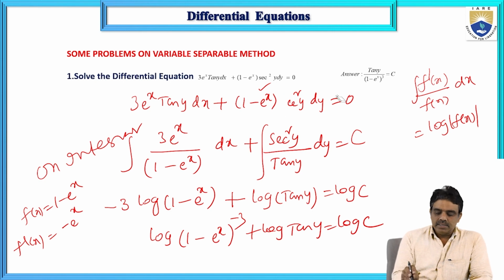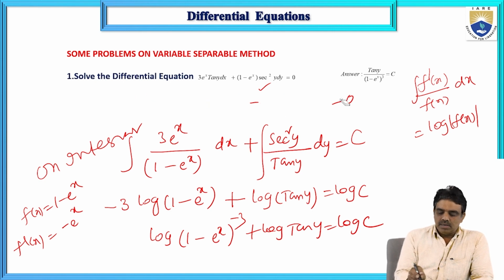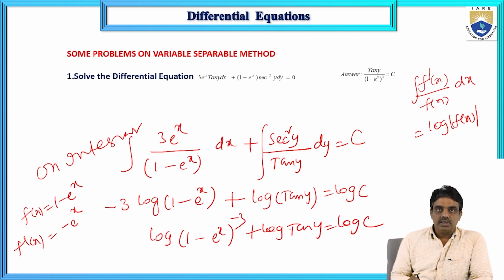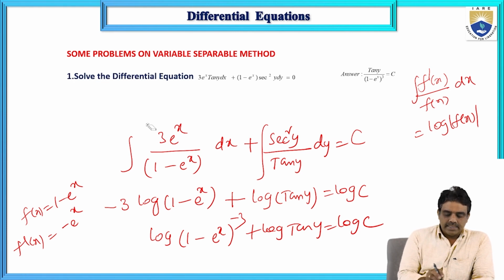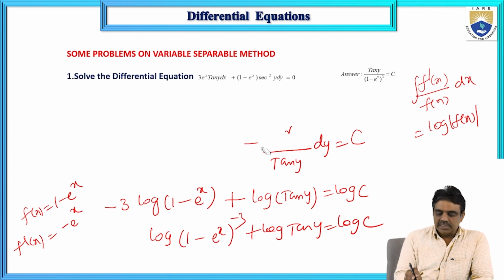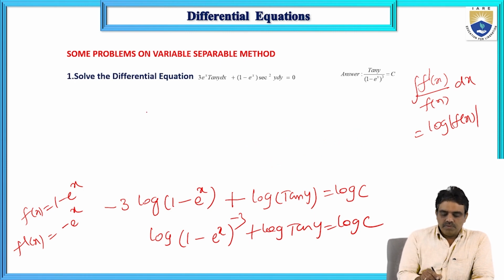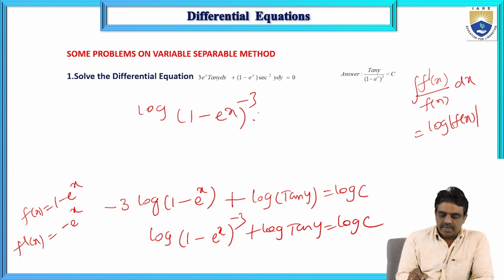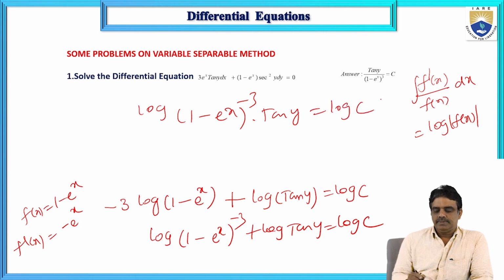Or I can write, so this is log m plus log n notation. So I can write this as log m plus log n means log mn. So I can write it as log 1 minus e power x whole power minus 3 into tan y is equal to log c.